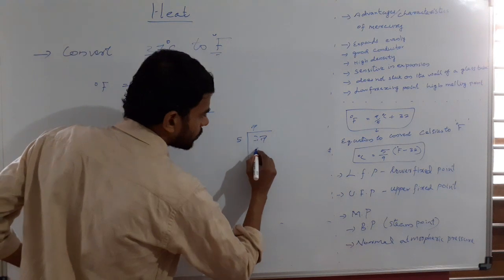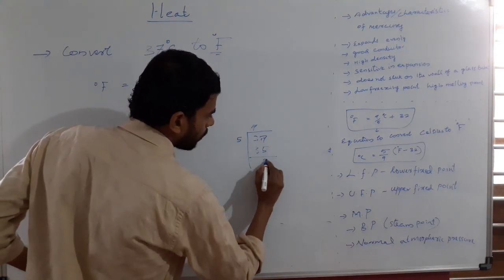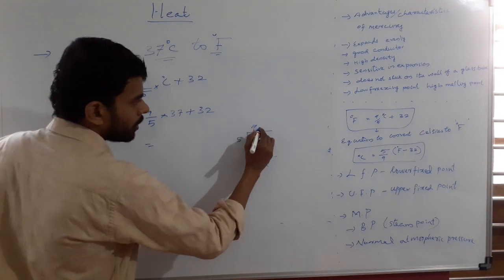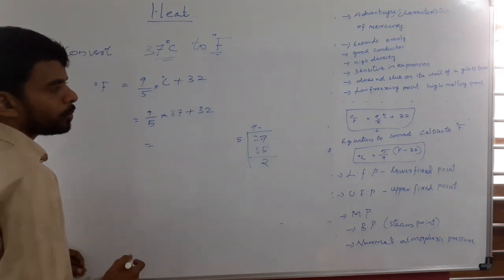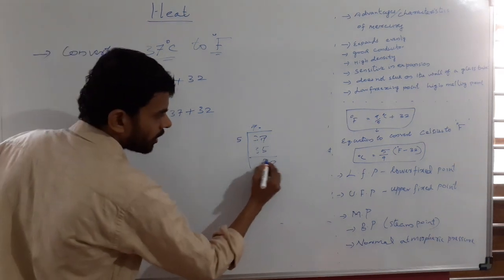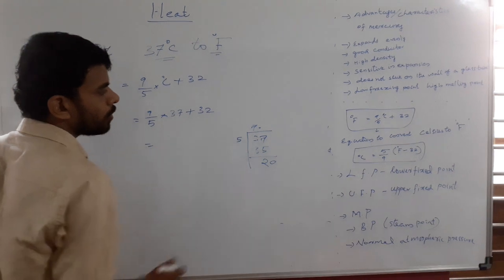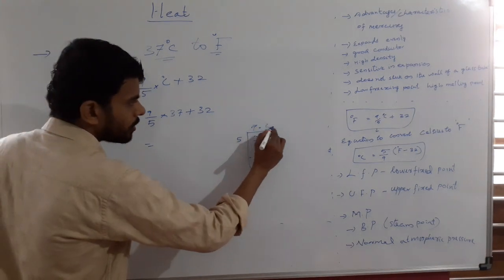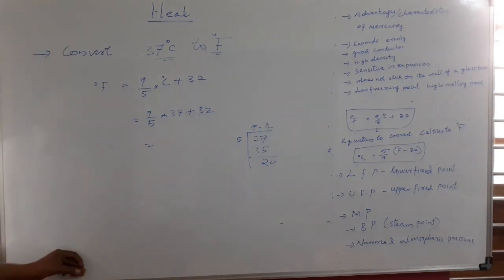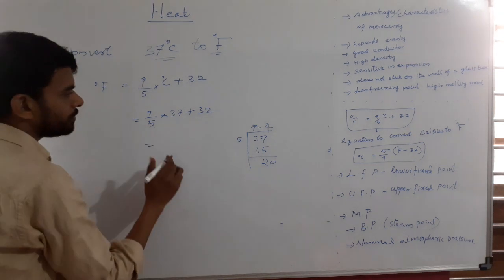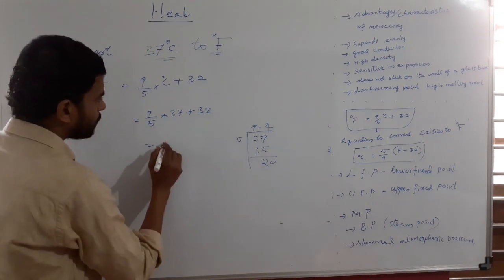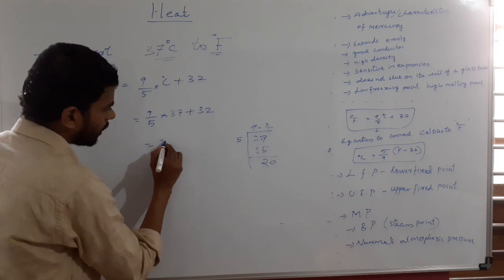Now the remaining is 2. 5 will not go into it, so we put the decimal and write 20. In 20 it will go how many times? 4 times. So 37 divided by 5 is nothing but 7.4.